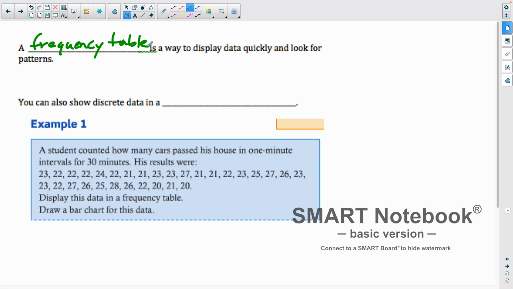All right? With the frequency table, we can also show our discrete data. So most of the time, a frequency table is going to have discrete data in it. We can show our discrete data in a bar graph or a bar chart. Okay?